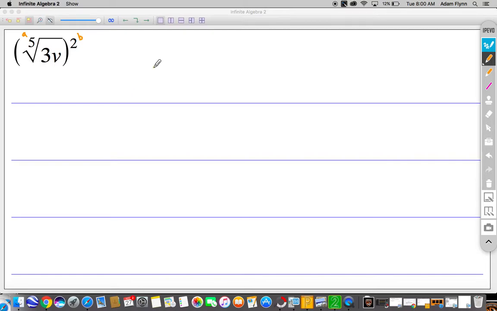So I've got 3v to the 2/5. Remember, if I didn't put parentheses here, and I just put 3v to the 2/5, that means I have 3 times v to the 2/5. But remember that 2/5 also applies to that 3 as well, so those parentheses are really important for us.